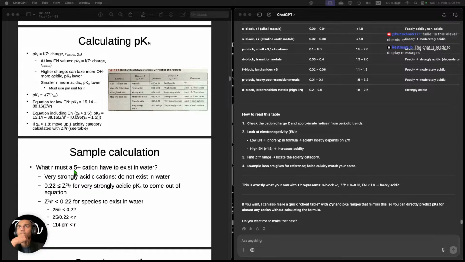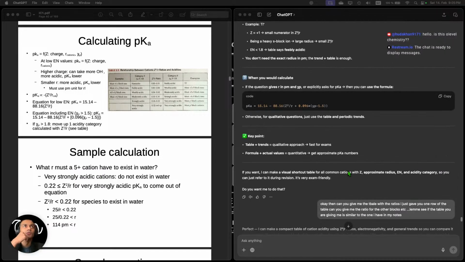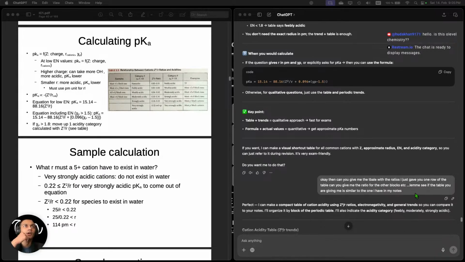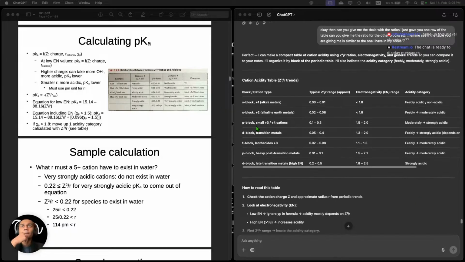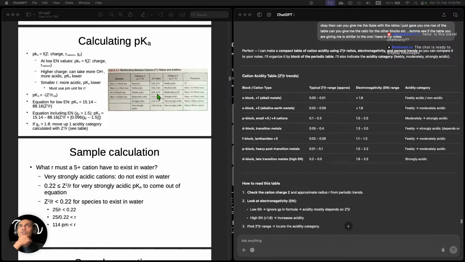What R must a plus 5 cation have to exist in water? Did I ask that question? No. But the table is a bit different from what they understand. It's a little bit different. I think I should trust the table from my notes from ChatGPT.